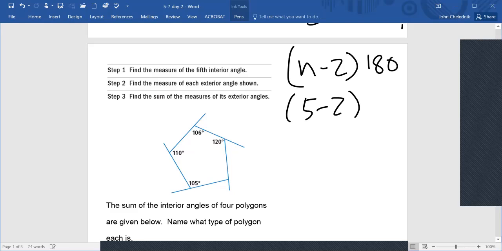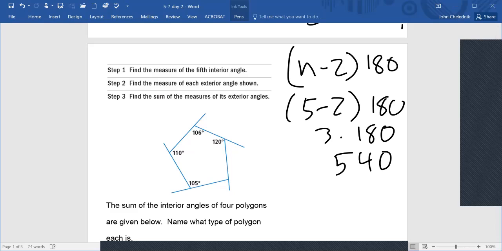So 5 minus 2 times 180, that's 3 times 180, which is 540. So inside of pentagons, the interior angles add up to 540, meaning that all 5 of these angles here, if you were to add them up, it would be 540.